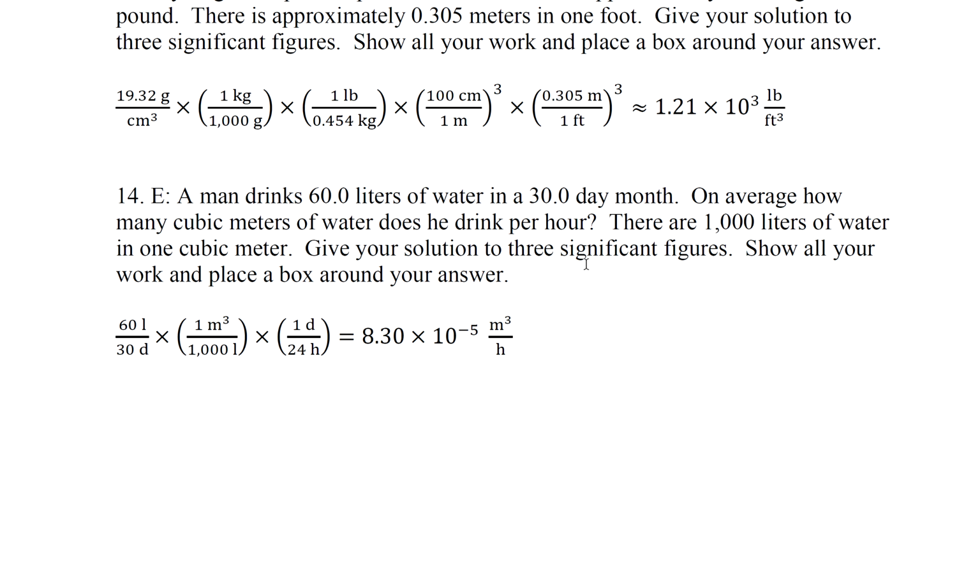So you could see there's 2 sets of parentheses. 1 meter cubed in the numerator is equal to 1,000 liters in the denominator. And then 1 day in the numerator equals 24 hours in the denominator. You see liters in the numerator cancels with liters in the denominator. Meters cubed in the numerator don't cancel. Day in the numerator cancels with day in the denominator. So now we get meters cubed per hour.